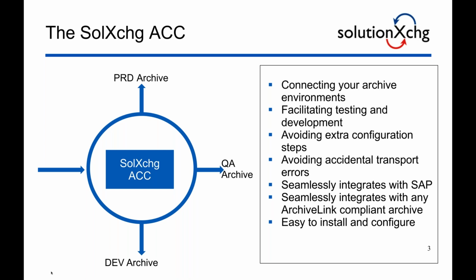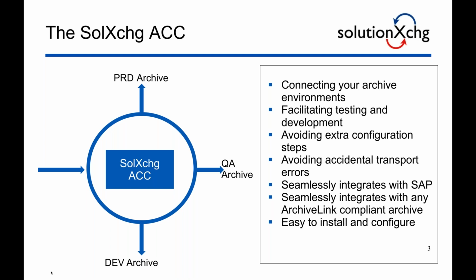We're trying to avoid extra configuration steps that need to take place after a system copy, and avoid accidental transport errors. Some customers have their content repositories configured differently from production to QA, and we will help you straighten that out so that you can't transport something across that goes into the wrong content repository.